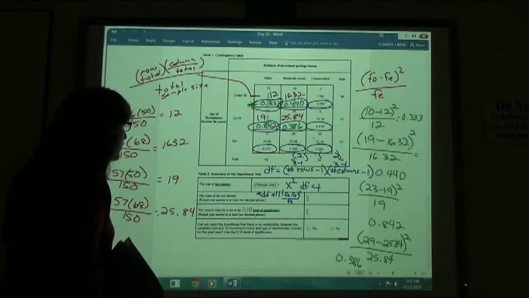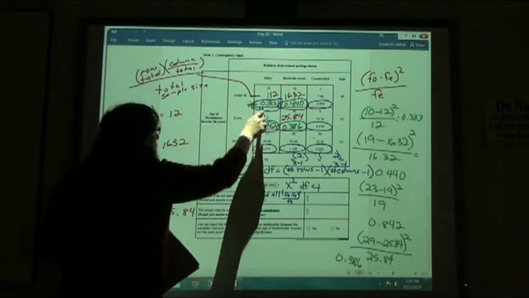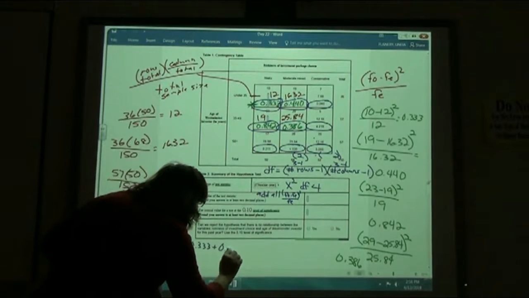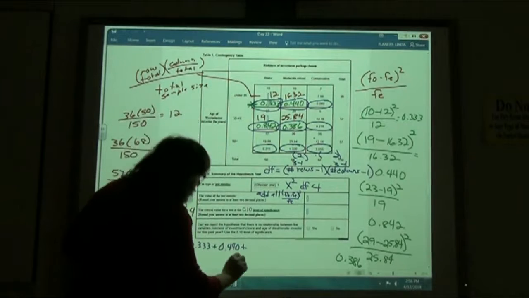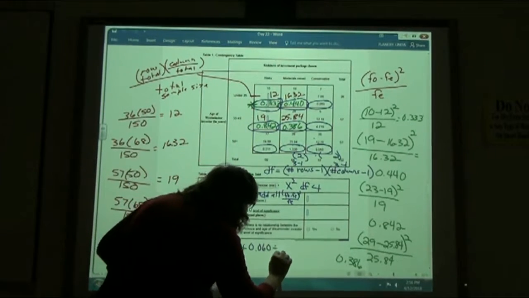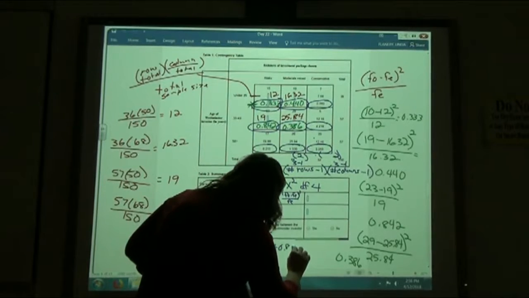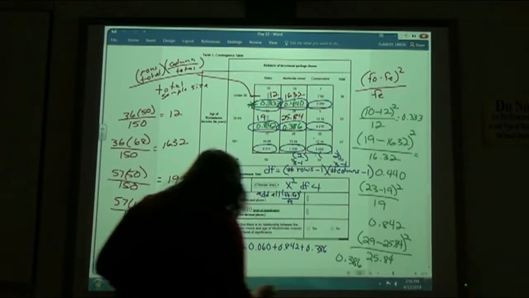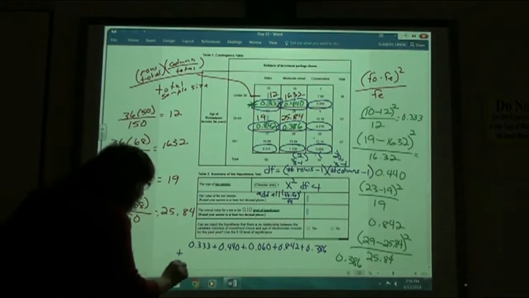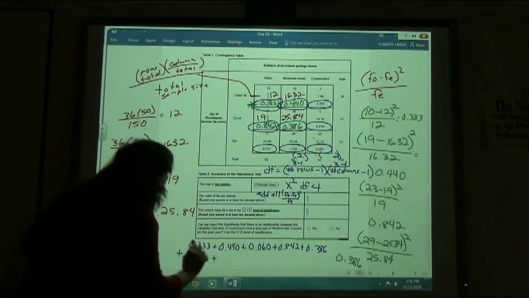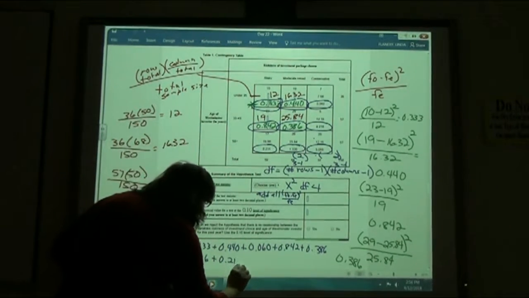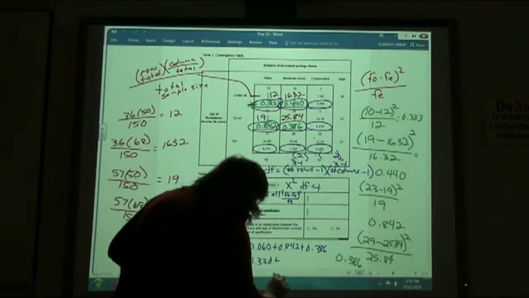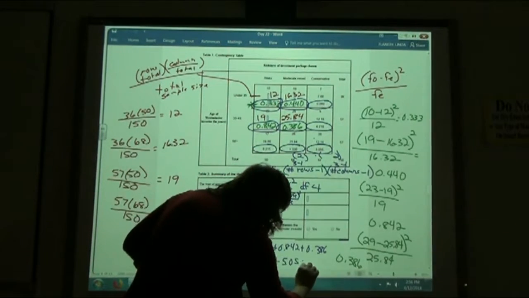So 0.333 plus 0.440 plus 0.060 plus 0.842 plus 0.386 plus 4.216 plus 0.211 plus 1.320 plus 5.055.